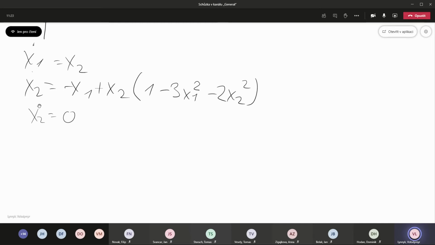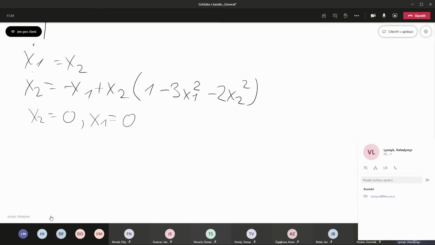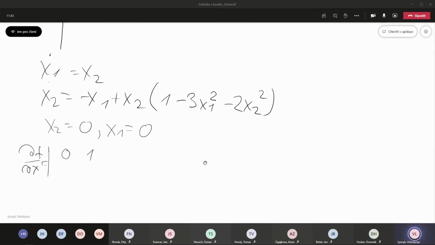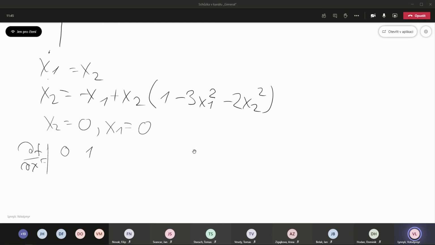So the only equilibrium point is x2 equal to 0 and x1 equal to 0. Now at the origin, the Jacobian dx equal to 0, 1, minus 1, and here it's only 1.